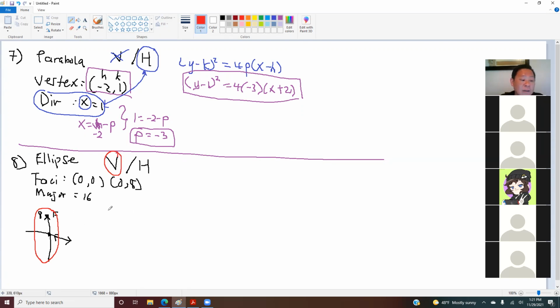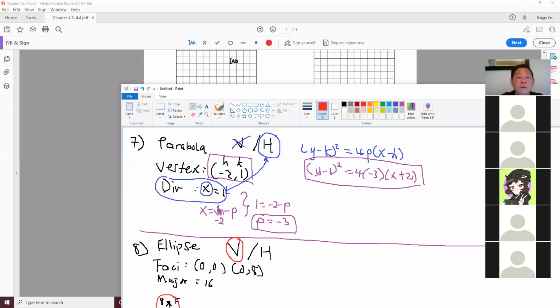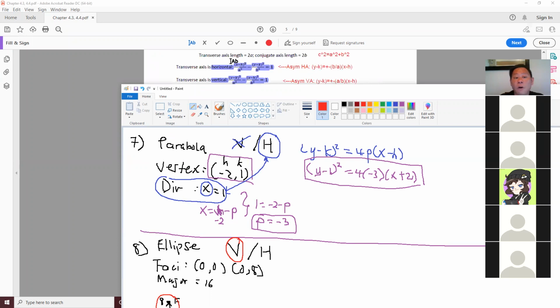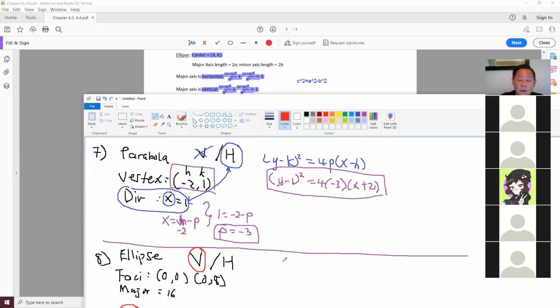Now, if you look at the ellipse on the vertical, the formula is (x minus h) squared over b squared, this is the vertical, plus (y minus k) squared over a squared equals 1.